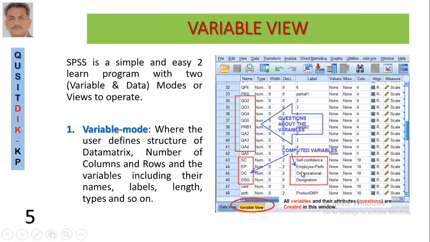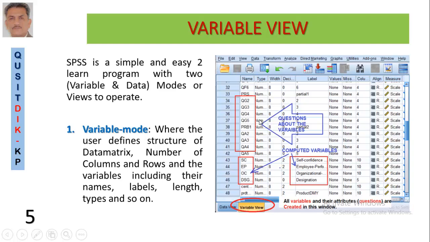Variable mode is something like this, and we have already discussed this in the last slides, that the data matrix is a simple table which includes variables and questions in every column, not the rows.